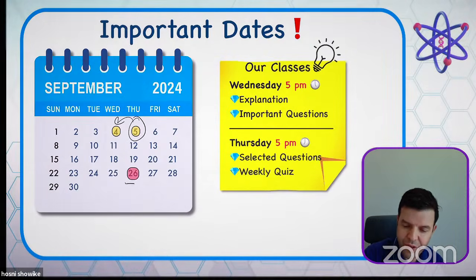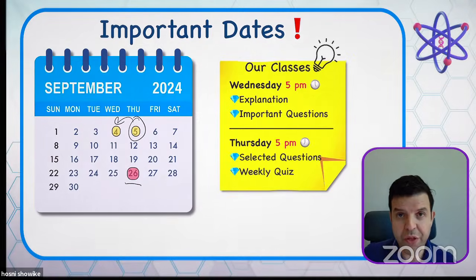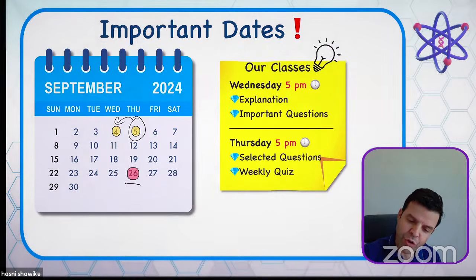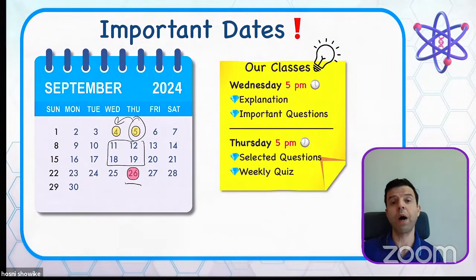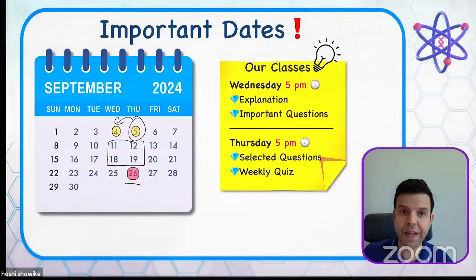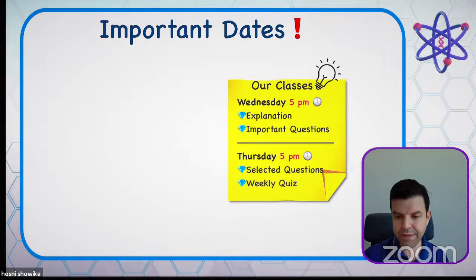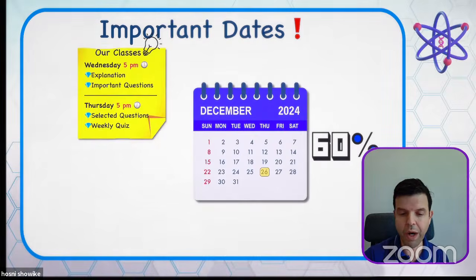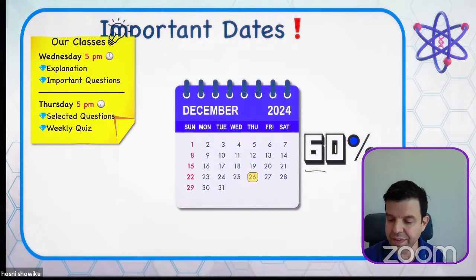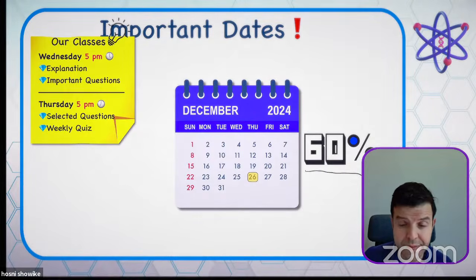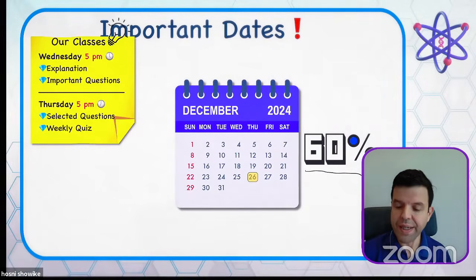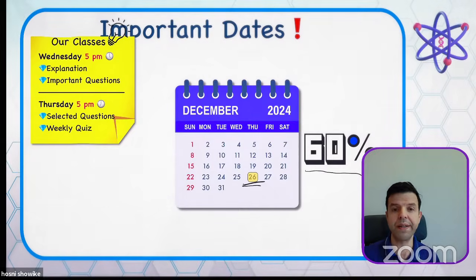The last Thursday of every month, we will have a test. So the test will help us to link up all the topics that we studied during that specific month. So every month, the last Thursday is a monthly test. Now, we're expected to be done with about 60% of the syllabus, biology syllabus, by the end of December.